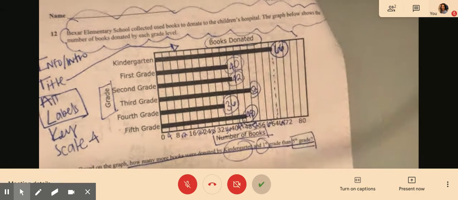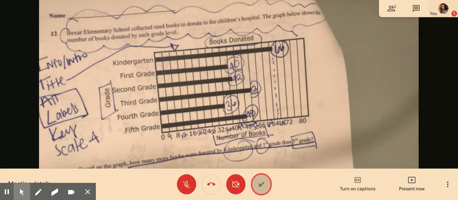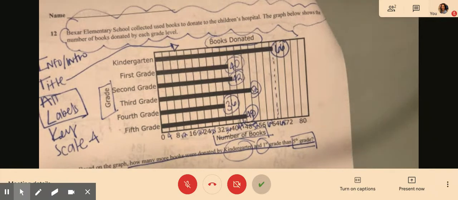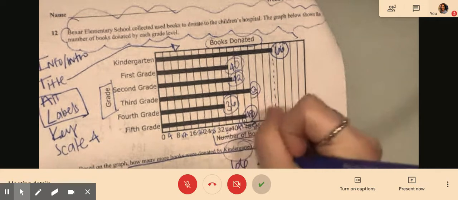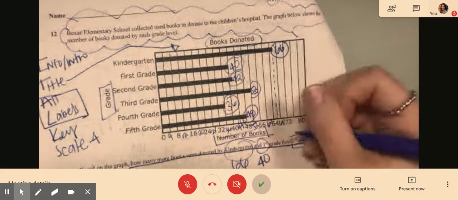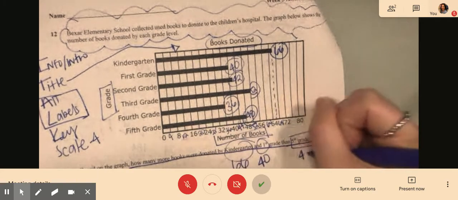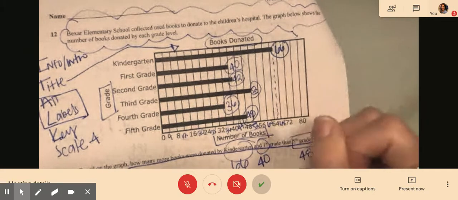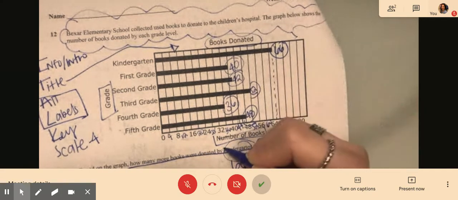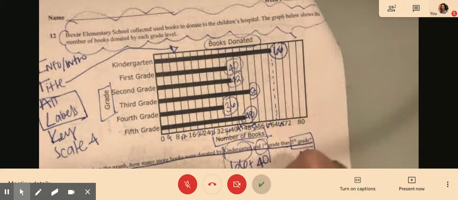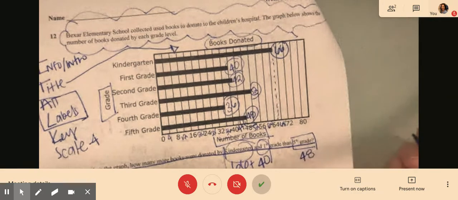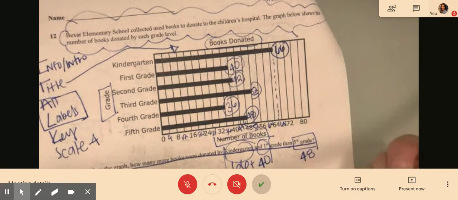So they are asking how many more books were donated by kindergarten and first grade than fifth grade. So kindergarten donated 66, and first grade, which was 40. And fifth grade donated 48 books. So what we have to do is find the sum of these two grade levels. So we would have to add 66 plus 40.